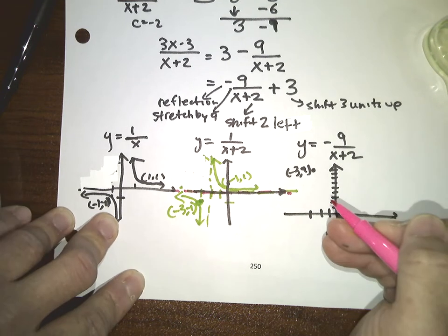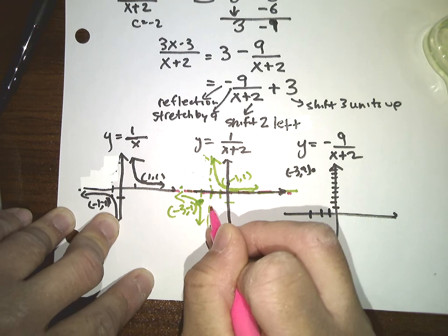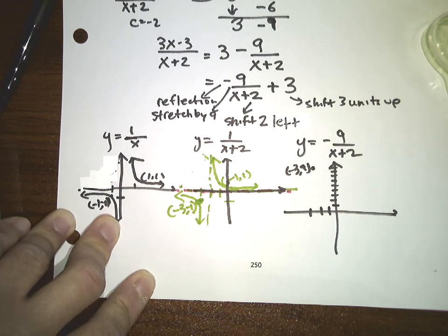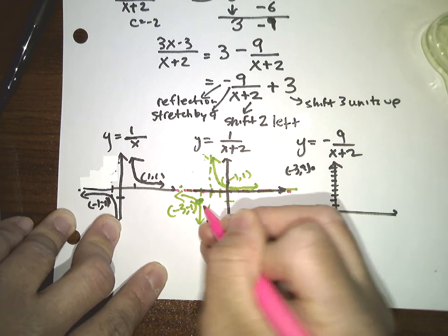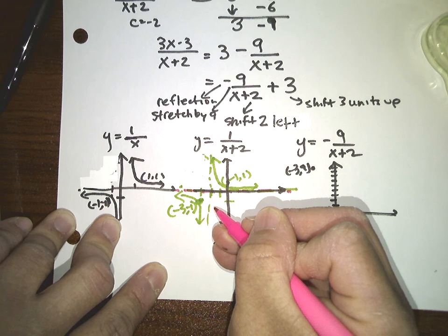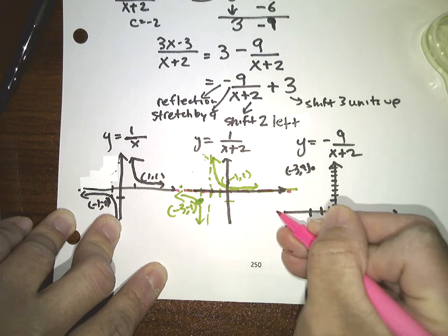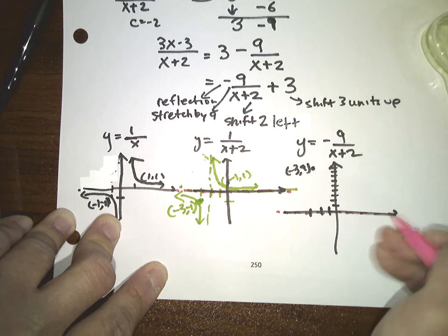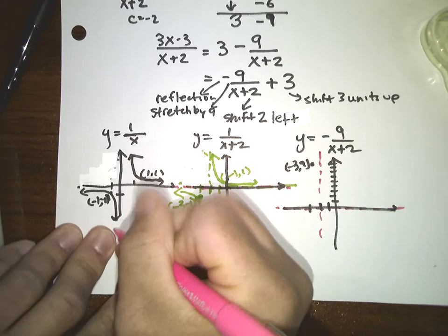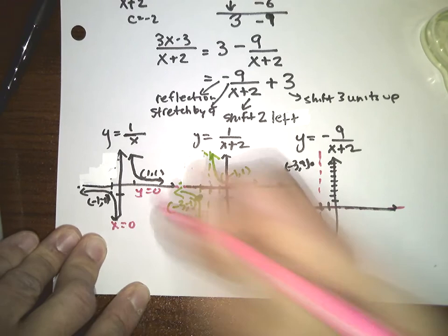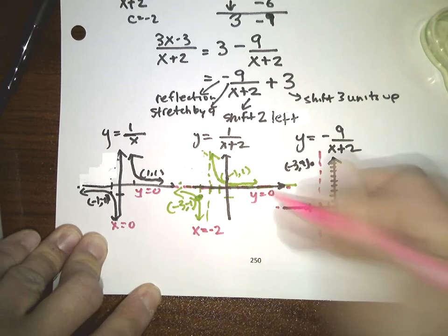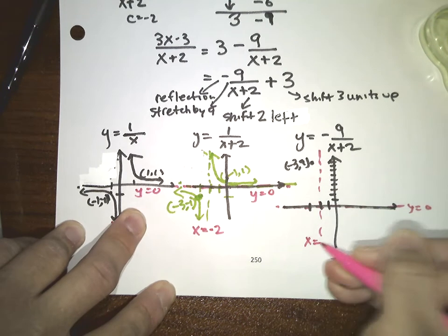Just so you're aware, the asymptote got shifted in a similar manner because of the reflection. Remember that we're doing the reflection here. So the asymptote is still here, and the asymptote is still at 2. On this graph, I'll write them out here: x equals 0, y equals 0, x equals negative 2, y equals 0. This is still y equals 0. This is still x equals negative 2.